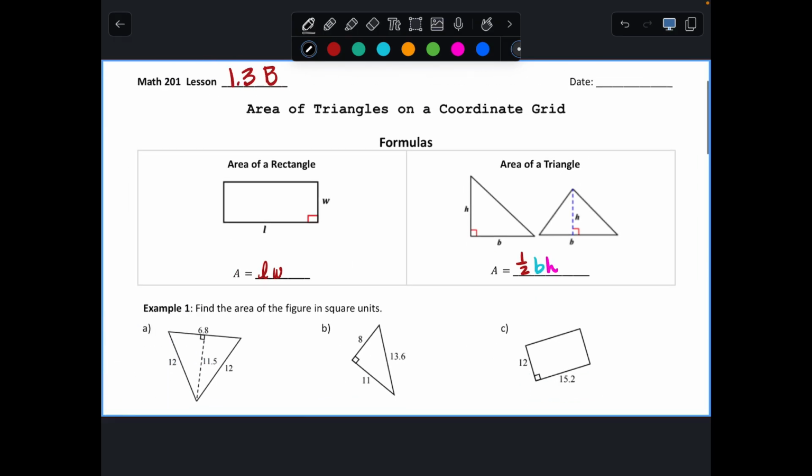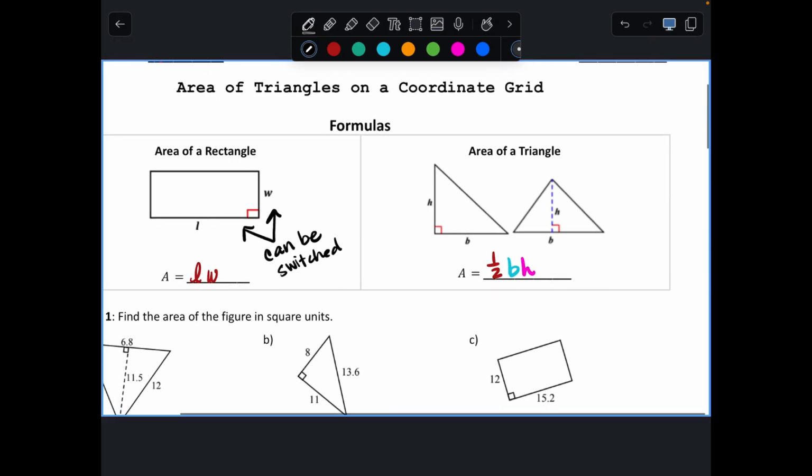So over here for the area of a rectangle, it really doesn't matter which one you use for the length or the width, as long as you have one of each, the shorter length and the longer length. For the area of a triangle, H must be perpendicular to the base.